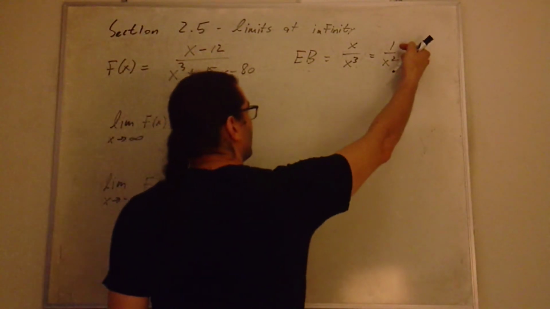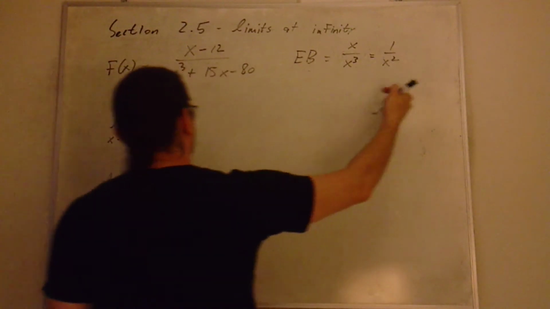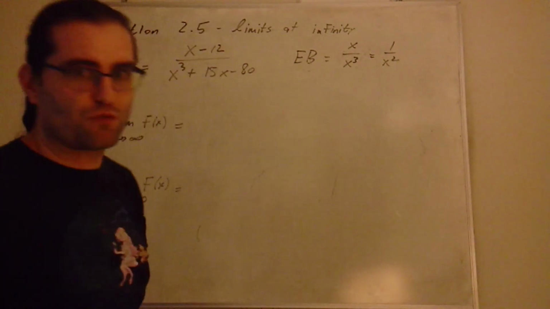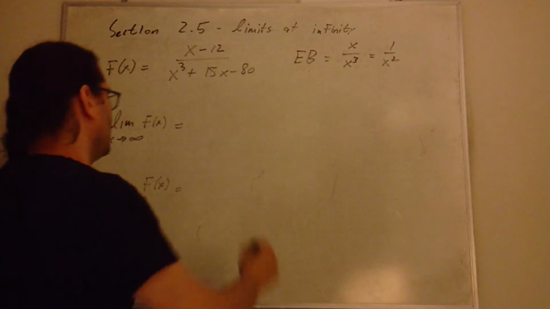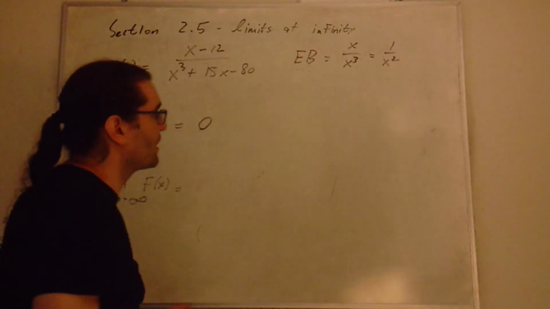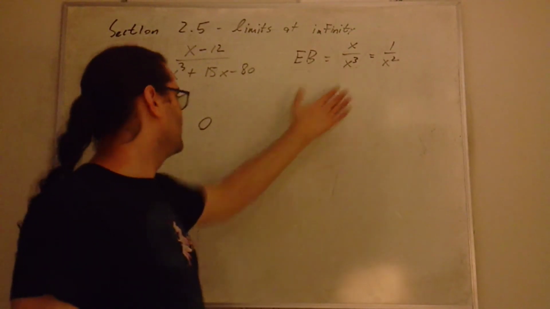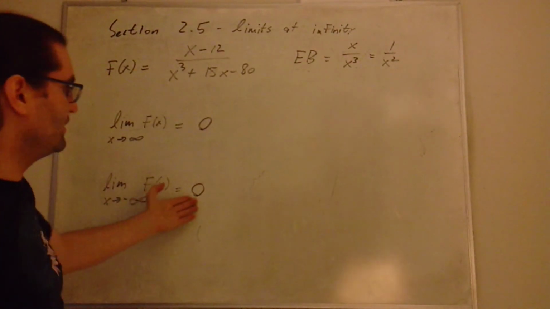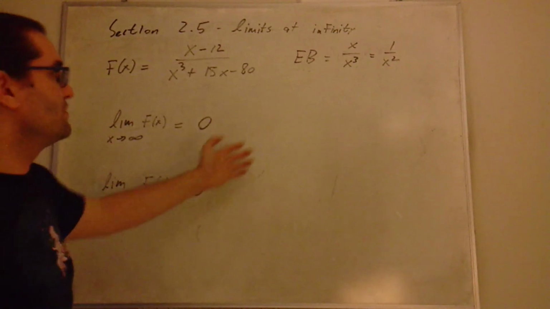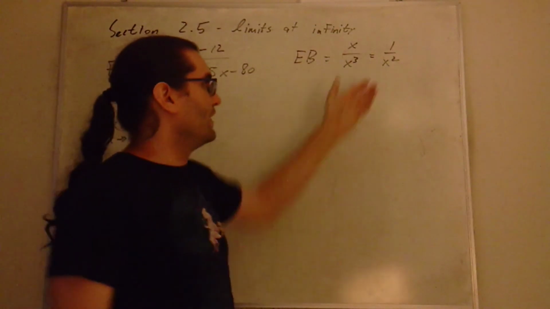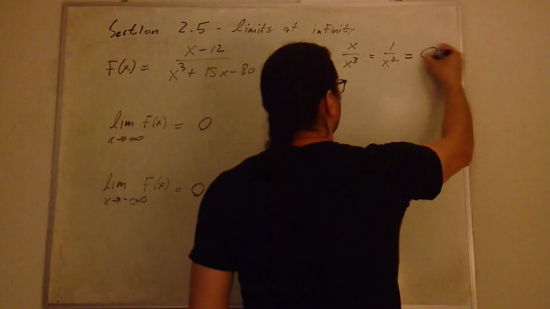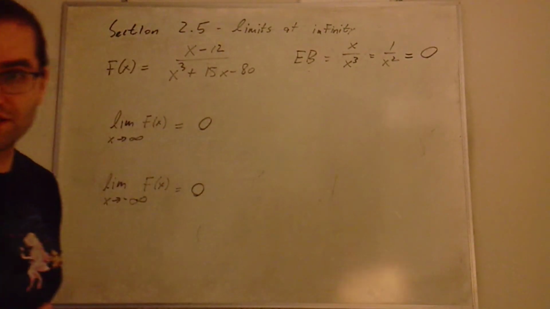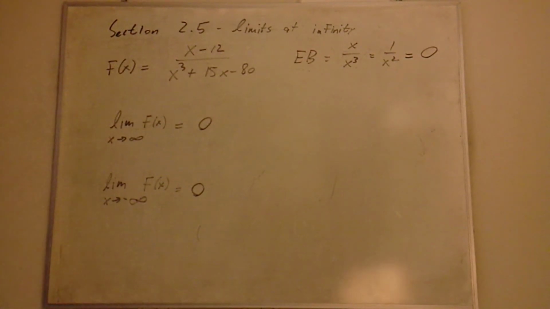When you have 1 over x squared or x cubed, or even just 1 over x, as x goes to infinity, that's going to turn into 0. On the back end, at negative infinity, you're still getting 0. So if your end behavior looks like 1 over anything, that always looks like 0 when x is really, really, really big, or really big and negative.